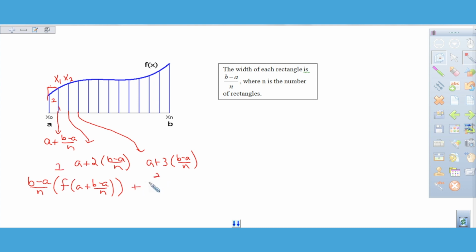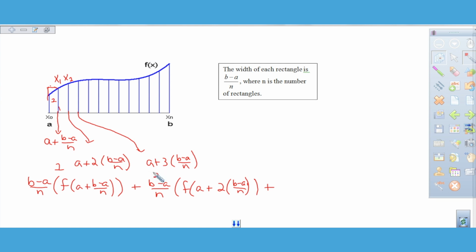The area of the second rectangle would be b minus a over n, and the function's height at the second x. And we said that second x is going to be just a plus 2 of those. So let's write that: a plus 2 times b minus a over n. Okay?